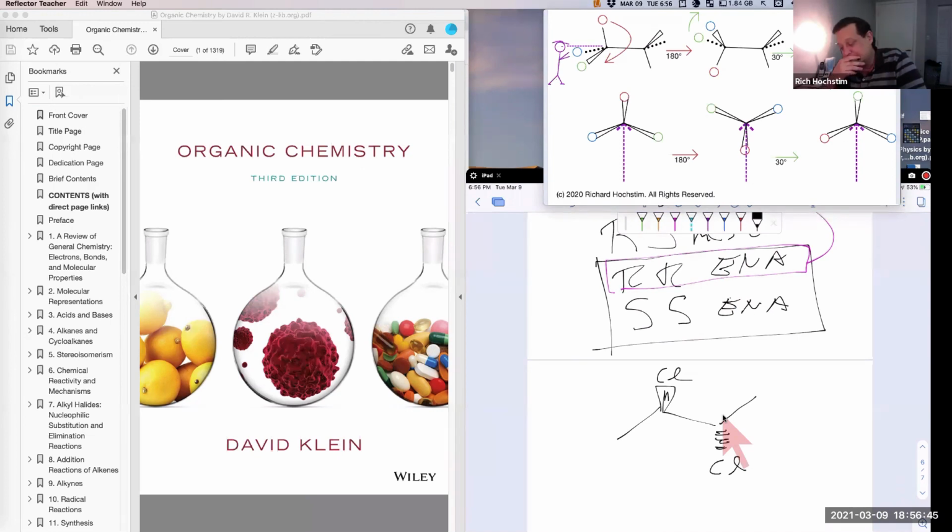You can't look at this unless you're familiar with orgo and determine whether this is a meso compound. One option is to figure out what this carbon is, and the other is to figure out what that carbon is. Does that make sense?